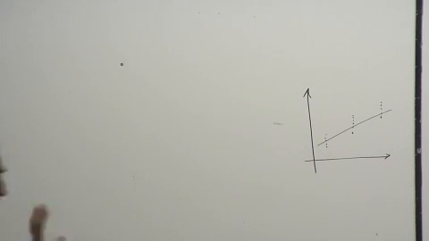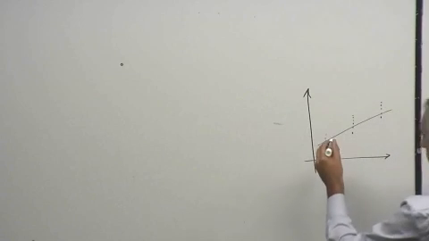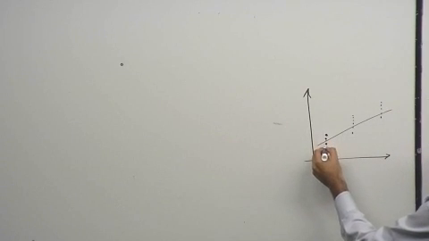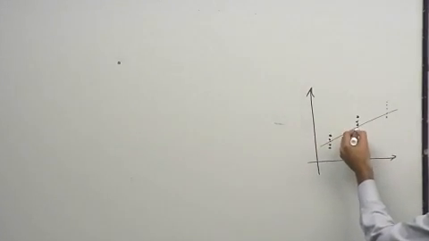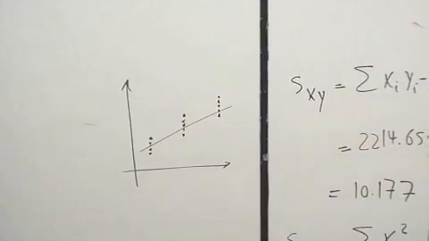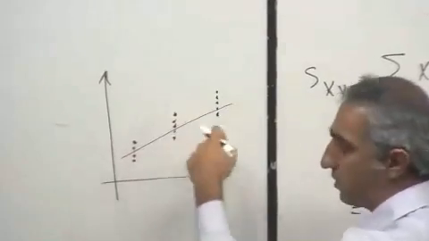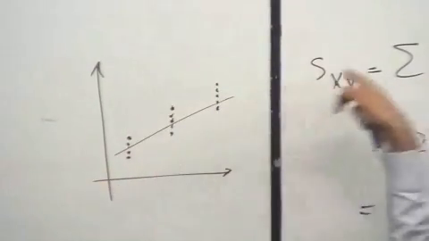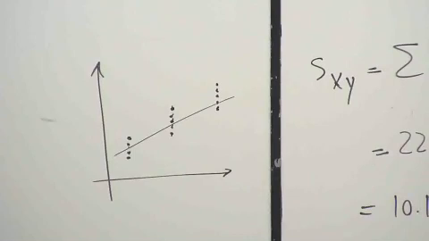So let's look at regression from another point of view. Let's say we have data and they are replicated. Okay? So for each x, I have several observations. And I want to find the line which gives me the best fit.